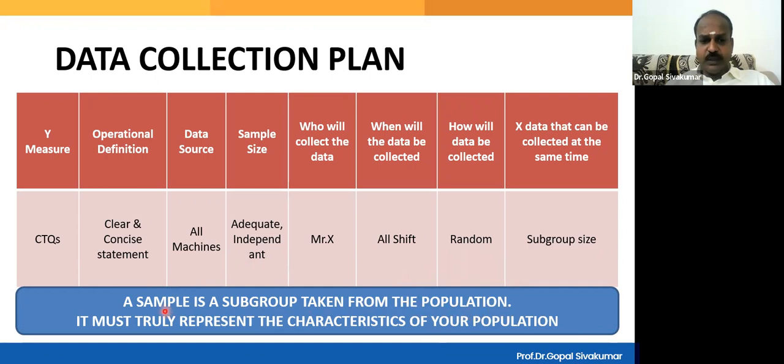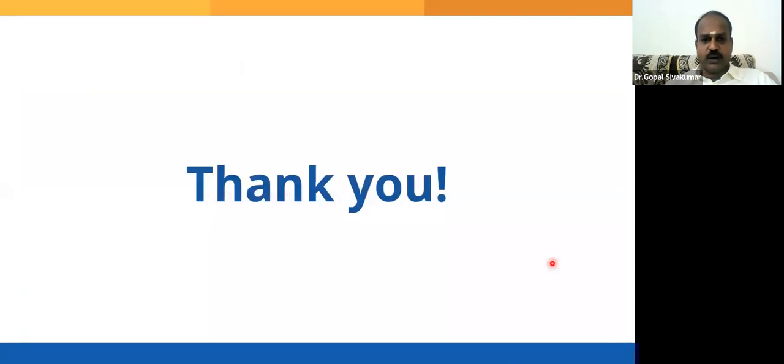For that purpose, we take a sample from the population and then we study the sample and collect the sample properly, without giving any room for error, both measurement error as well as sampling error, because the sample should truly represent the characteristics of your population. Otherwise, what will happen? All the inferences you draw from the sample will direct you in the wrong direction.